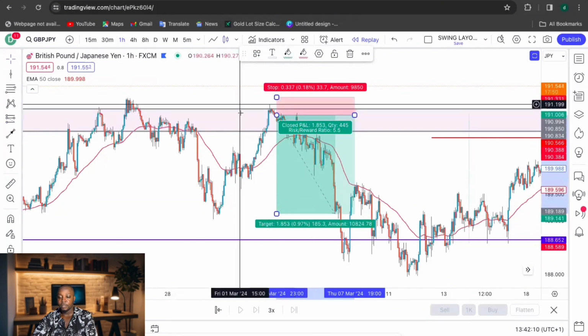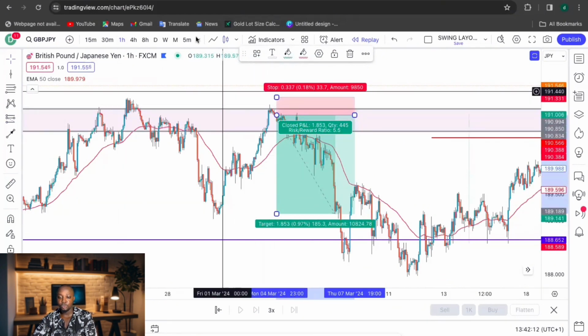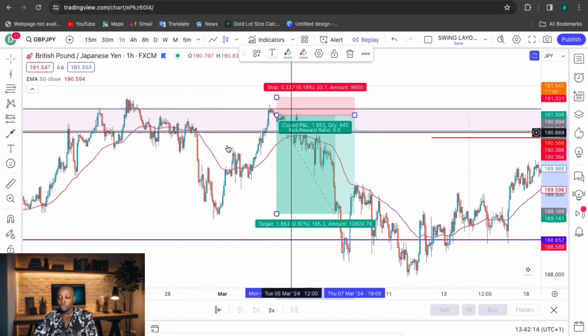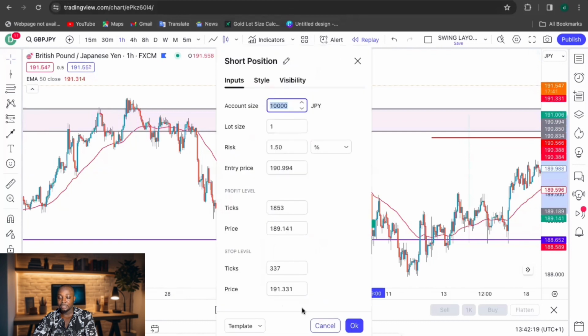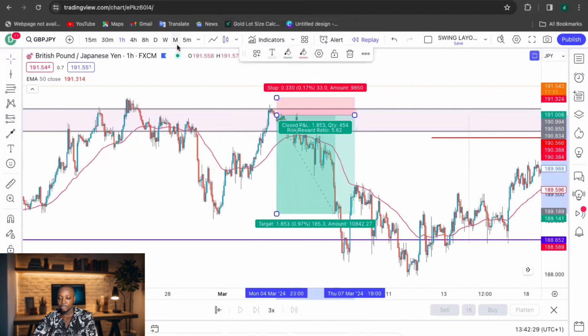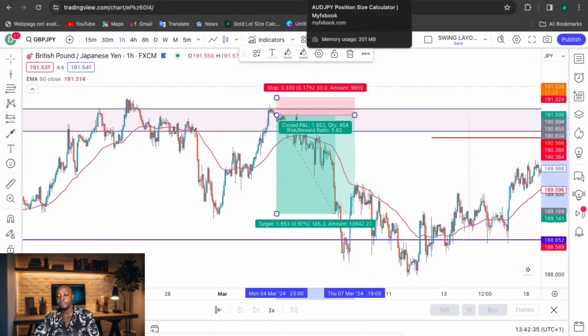So if I want to know the lot size to use, we'll simply go to right here. It says 33.7. I can edit this and just make it 33 pips. Okay, 33 pips. And I go to my Forex position size calculator.